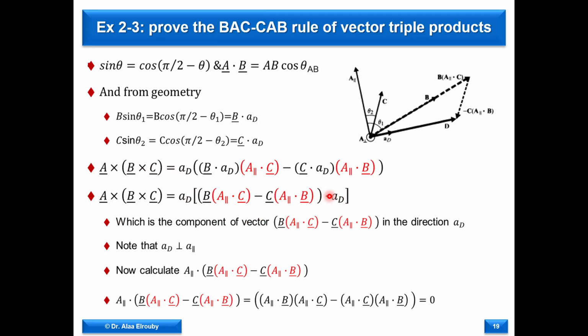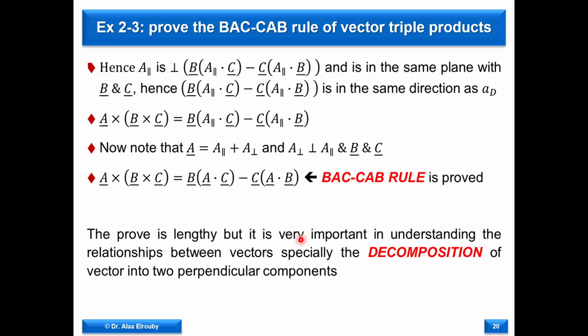The magnitude of this vector is in the AD direction, so this will be 1. The result will be the magnitude of this expression in the direction of AD. So if we remove AD, we have the same expression. So now we just proved that A cross product with this bracket equals this expression.